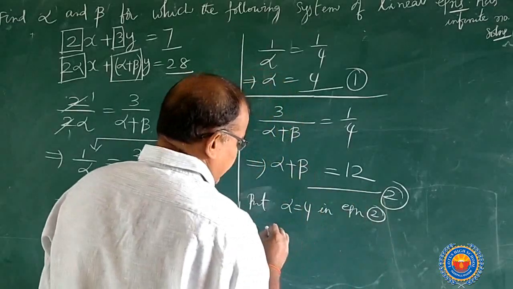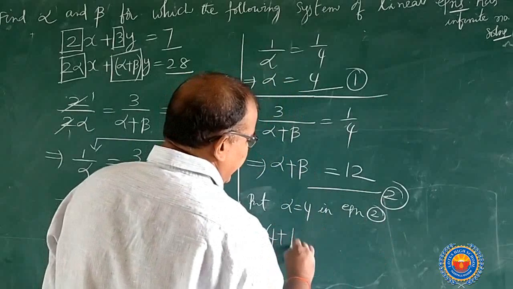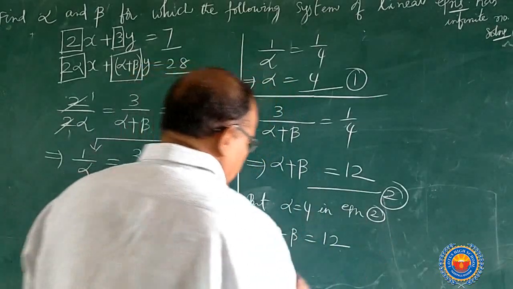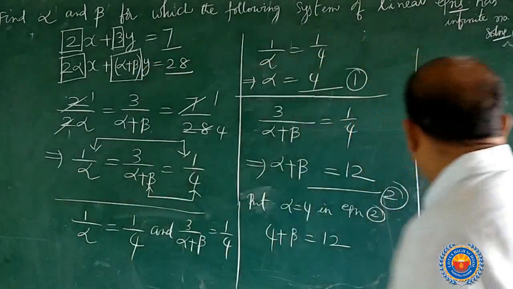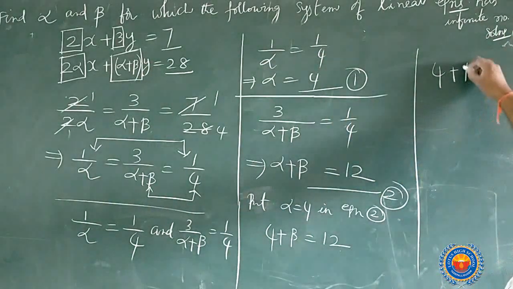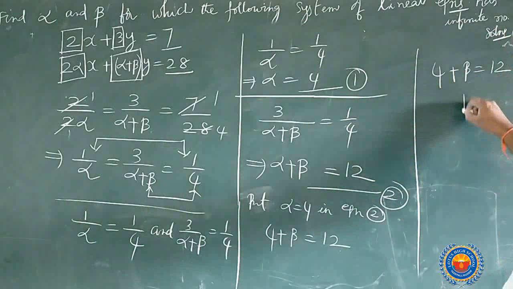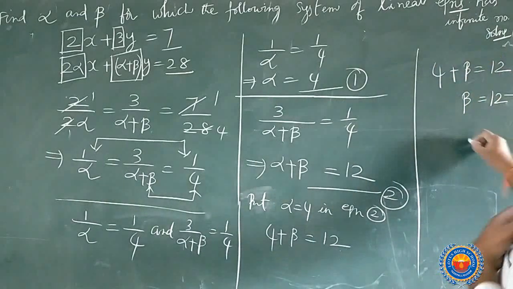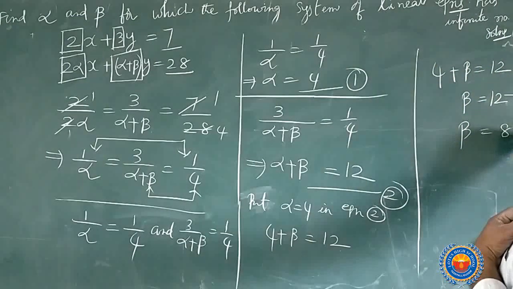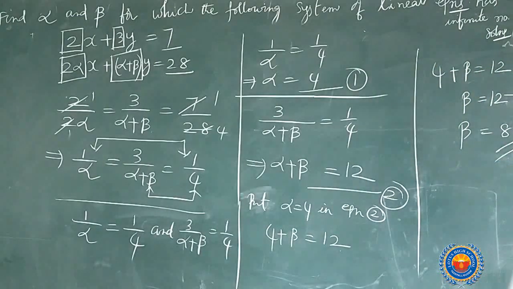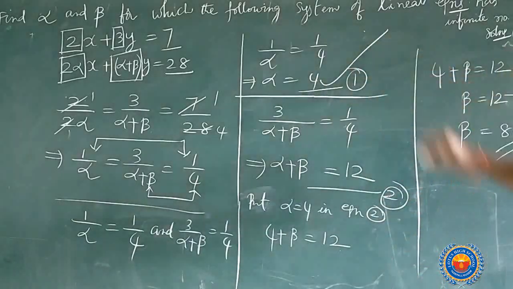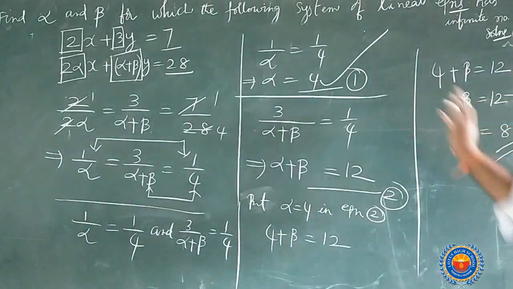That's why 4 plus beta is equal to 12. Beta is equal to 12, this plus 4 will be minus 4. Beta is equal to 8. So alpha is equal to 4, beta is equal to 8. This is the final answer.